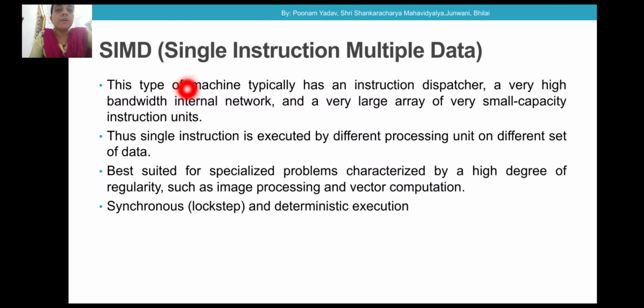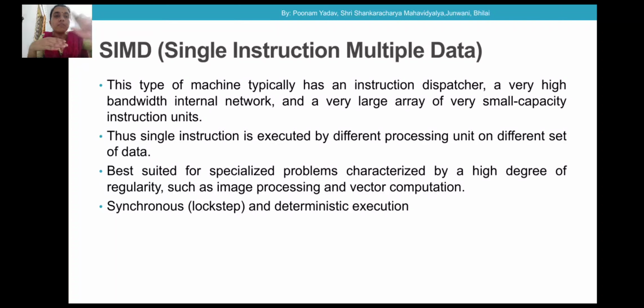For this type, the machine typically has an instruction dispatcher, a very high bandwidth internal network, and a very large array of very small capacity instruction units. The single instruction is executed by different processing units on different data sets.